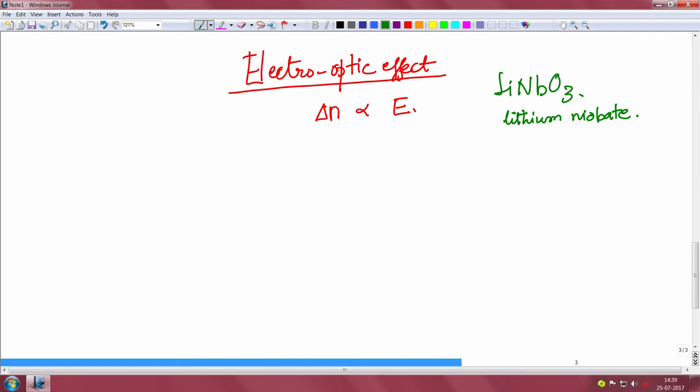A few properties of lithium niobate have to be considered first, even though we may not go into finer details of light propagation in anisotropic materials. Lithium niobate is a typically anisotropic material, which means the refractive index properties of the lithium niobate vary with direction.